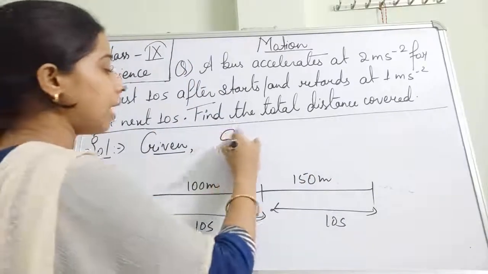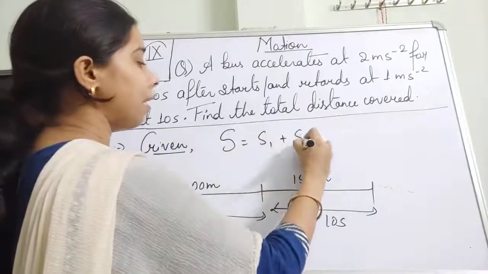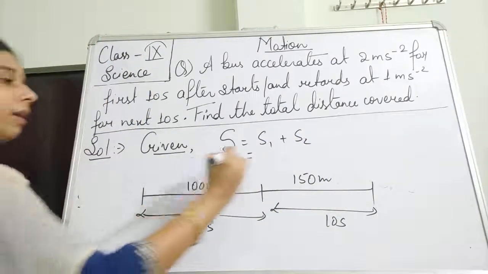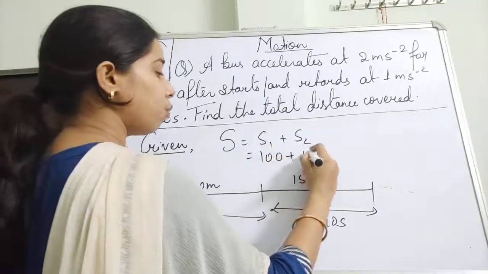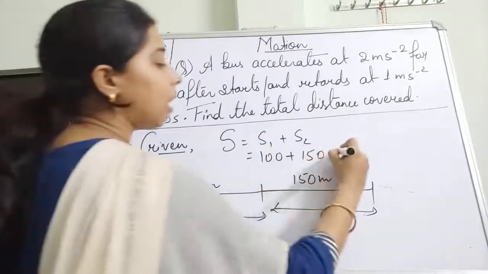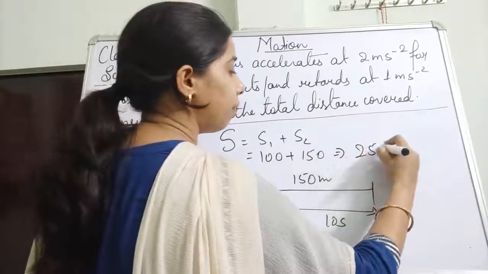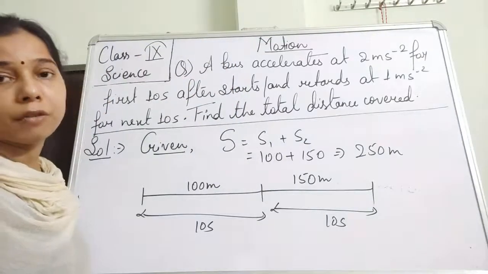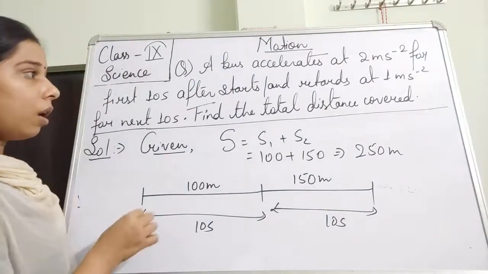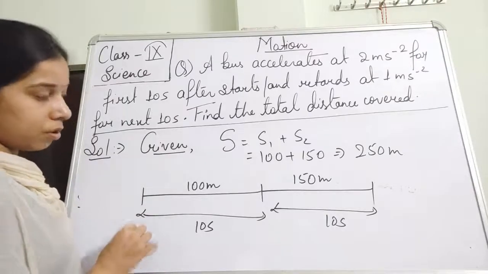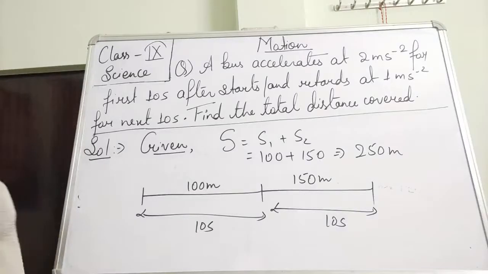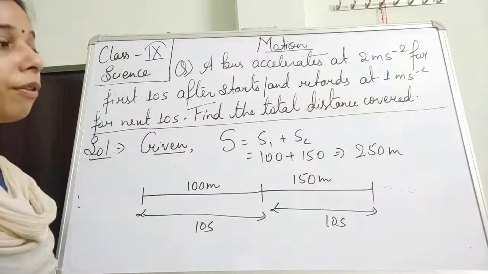So we can say S is equal to S1 plus S2, and S1 was equal to 100 and S2 is equal to 150, and ultimately the answer will be 250 meter. So the total distance, total path covered by the bus from start to coming to rest, will be 250 meter only.